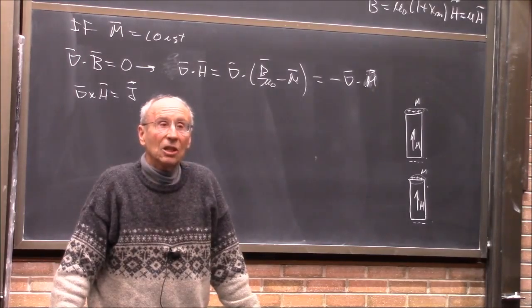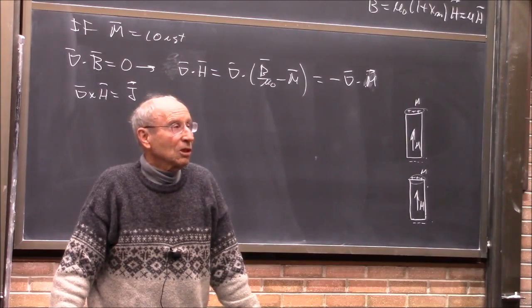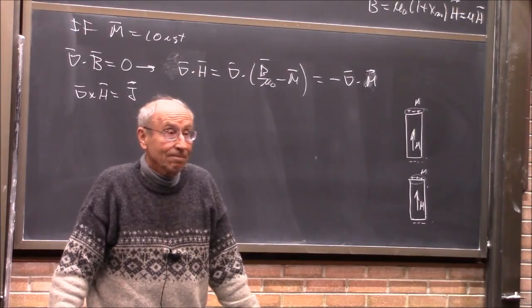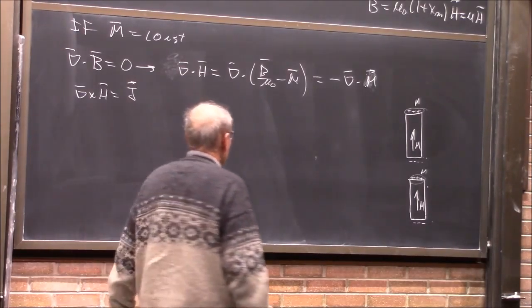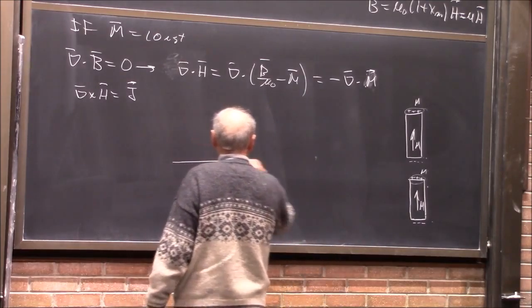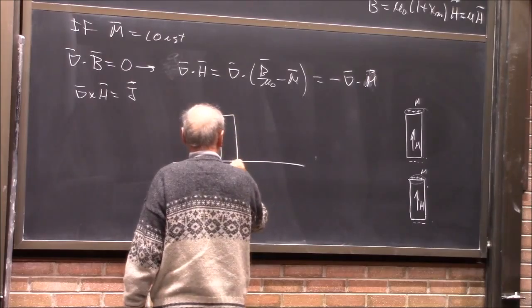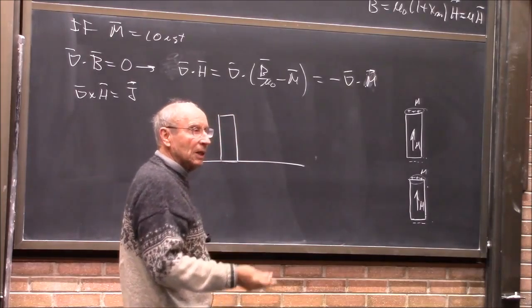And it was a messy integral, but it was just a problem of doing an integral. Okay, did that make sense to everybody? Okay, so then we considered a second problem in which we placed a magnet in contact with a ferromagnetic plate.